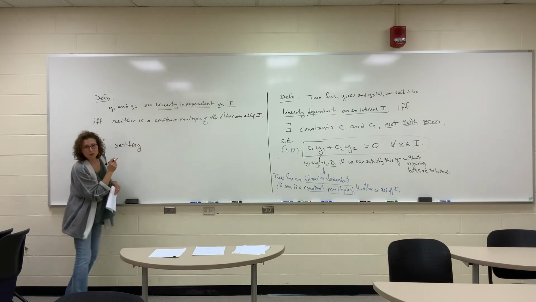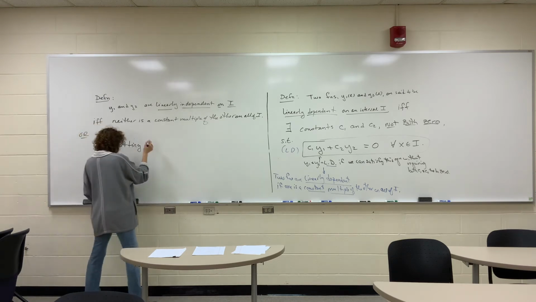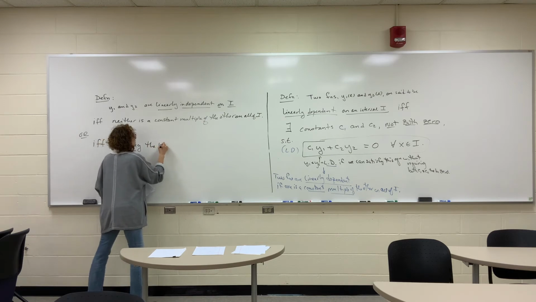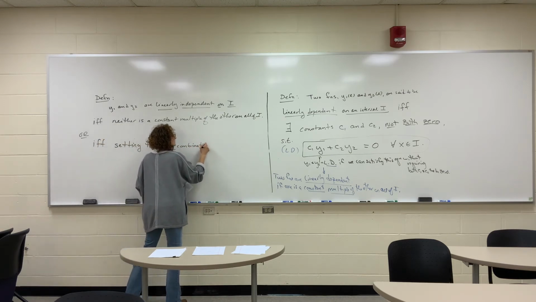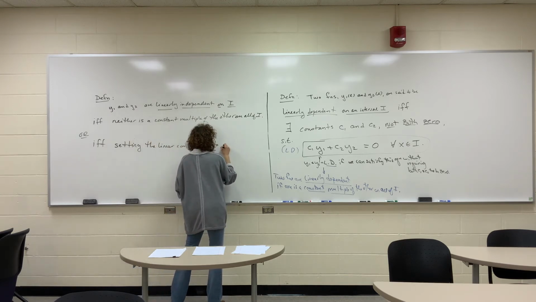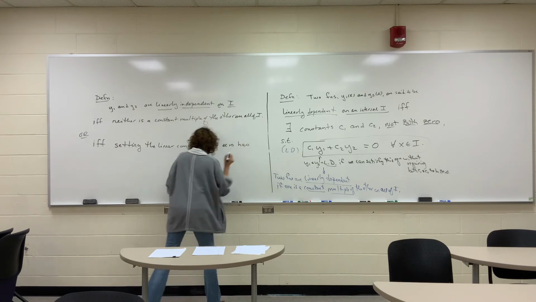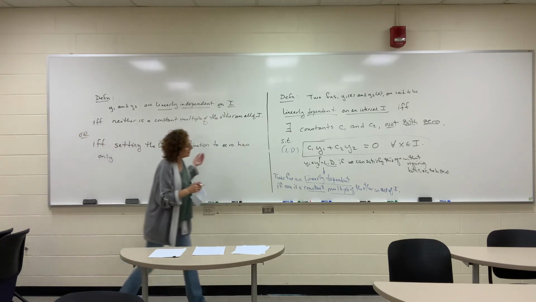I'm going to say it in words first, because it's kind of a strange equation. So, setting the linear combination, we know what that means now, to 0 has only, well, you guys tell me. What did we say?